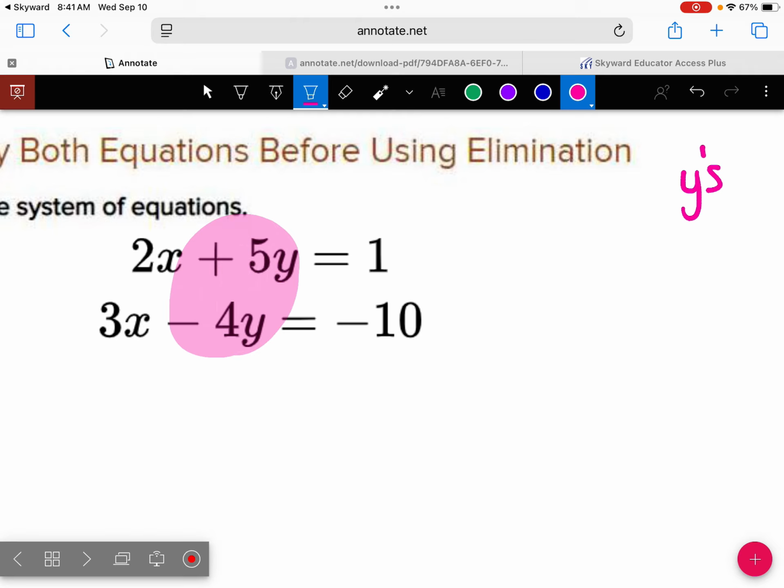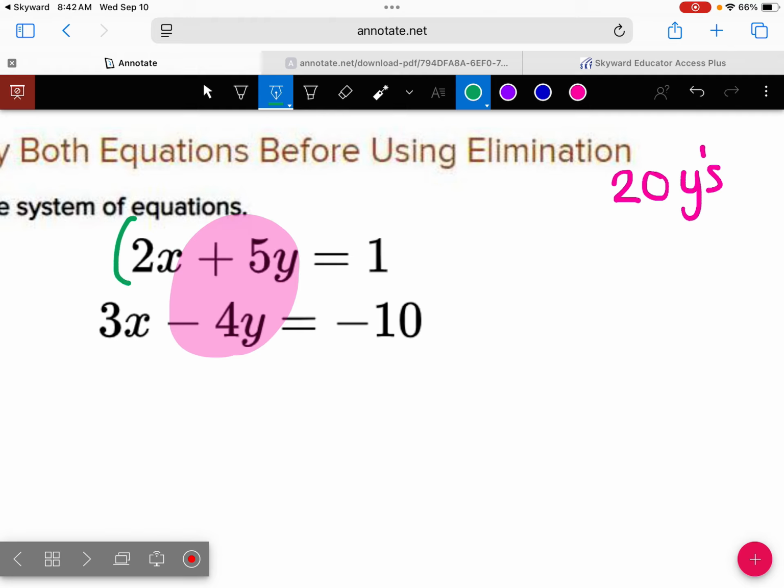Other way to think about it, what's 5 times 4? 20. If I want my y's to be 20s, so we want to have 20 y's. That's our goal, trying to get there. I know that 20 is a multiple of 5, and I know that 20 is a multiple of 4. So I want these to be 20s.